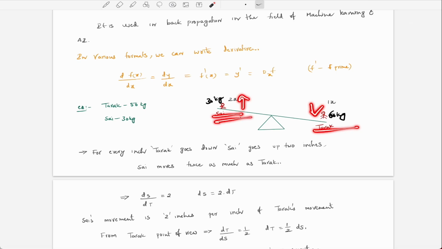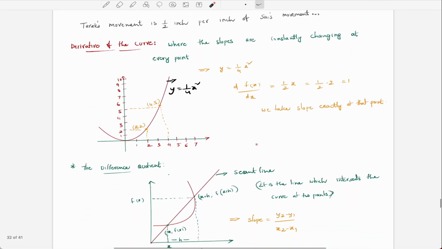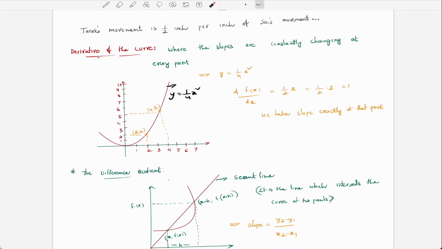How this relates: dy by ds by dt is equal to 2, and ds is equal to 2 dt, or dt is equal to 1 by 2 ds. I hope you get the basic understanding of what differentiation is, and I also discussed how we find the derivative of the curve by using the equation.